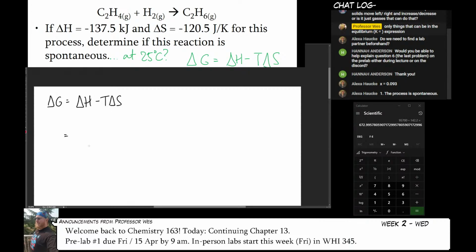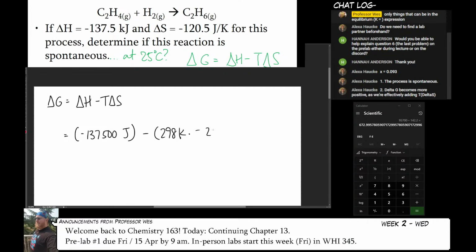And so at 25 degrees Celsius, which is 298 K, I would have minus 137,500 joules, minus 298 Kelvin times negative 120.5 joules per Kelvin.